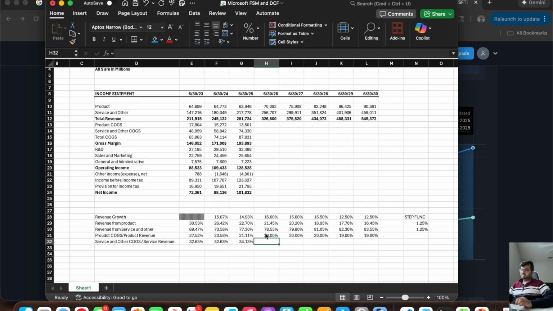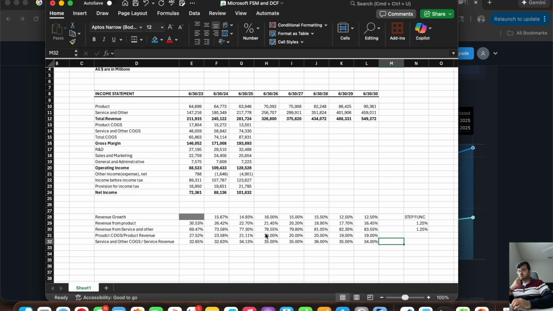On the other hand, for the COGS for service, I think it will be higher for the next 2 to 3 years at least, because Microsoft and other top tech companies are doing a lot of investment these days in AI. So I'm just estimating it can be 35%, 35%, and 36% in the next 3 years. Then again, it can come back to 35, then 34.